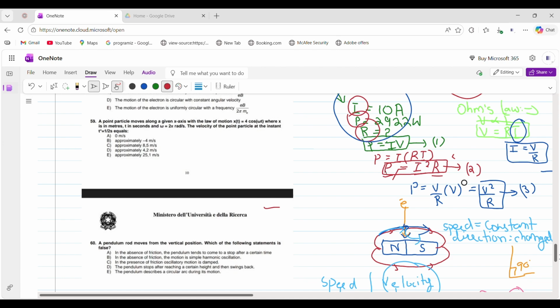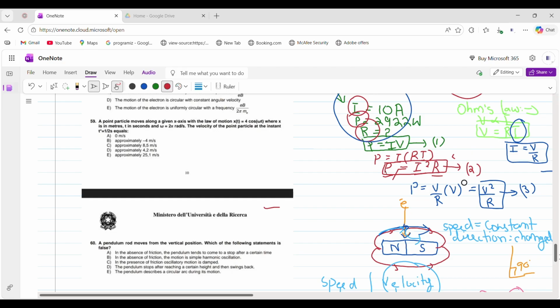Now we are moving towards our second last question, which is: a point particle moves along a given x-axis with the law of motion given to us. An equation is given to us where x is in meters, which means x is basically distance, position, whatever you call it. t is in seconds, which means it is time.